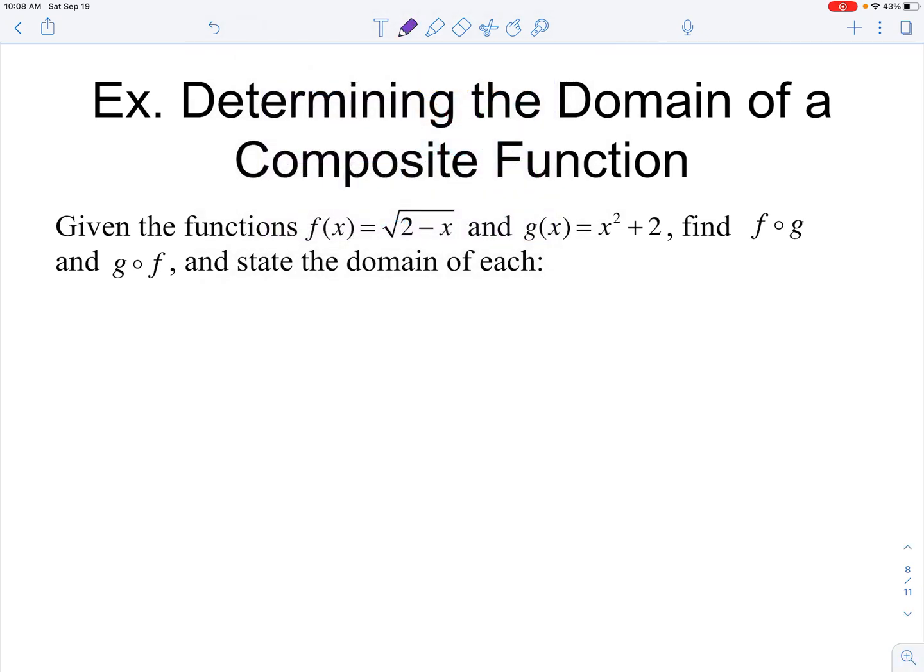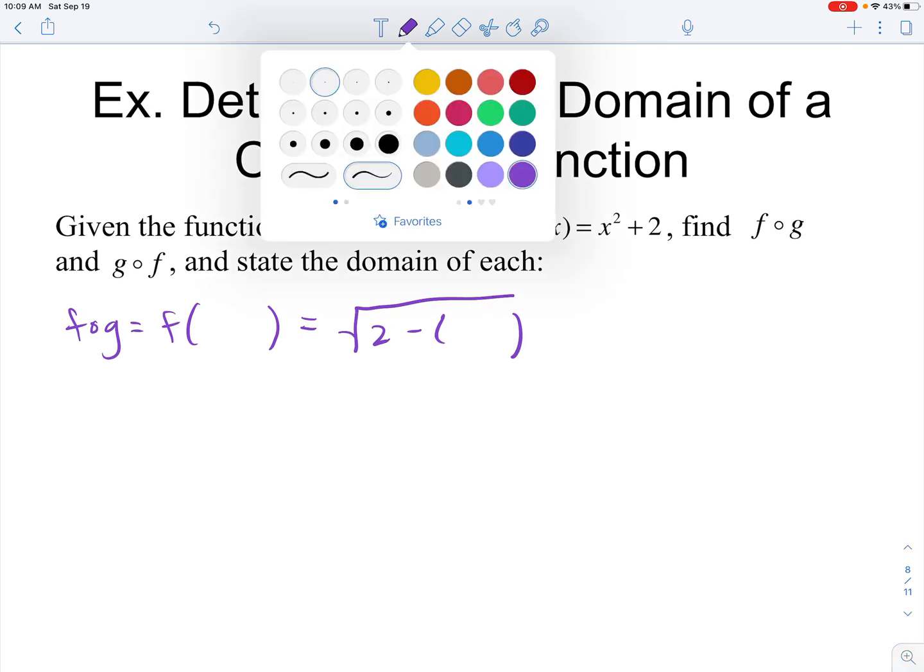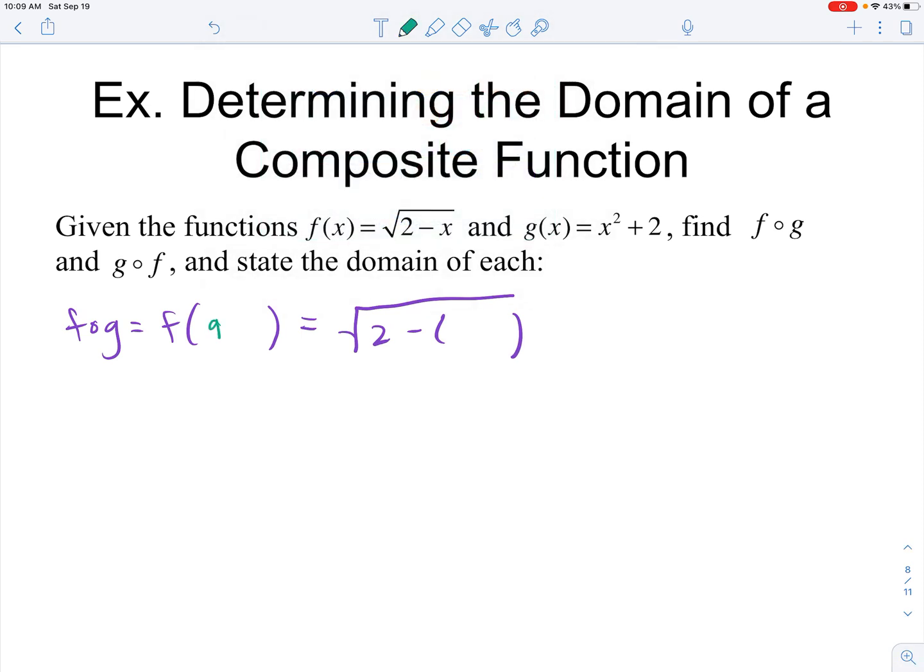So f of x equals the square root of 2 minus x, g of x equals x squared plus 2. So let's first find f composed with g. So f is the outside function, and then g of x is the inside function.